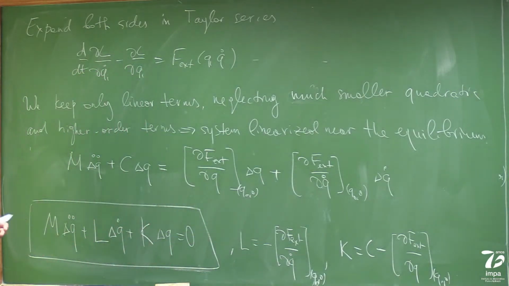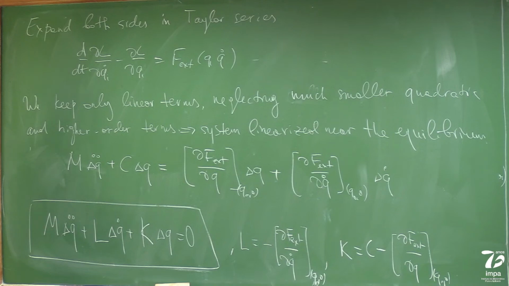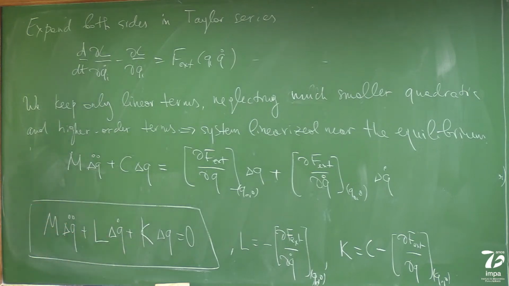So what we are going to do next is classify different types of forces that appear in different models, which define essentially the symmetric and antisymmetric parts of these two matrices, and see how this equation can be solved and what it gives.